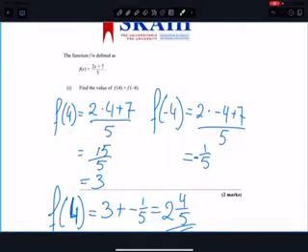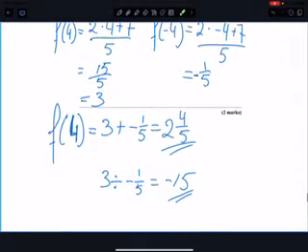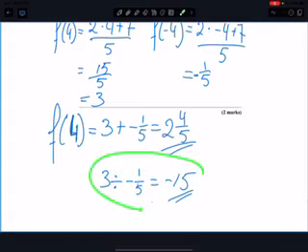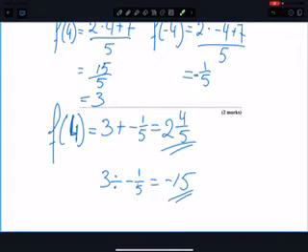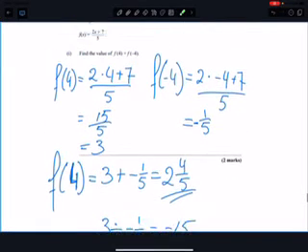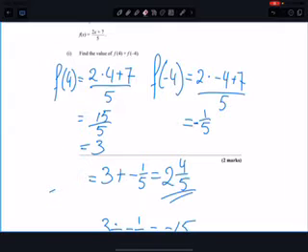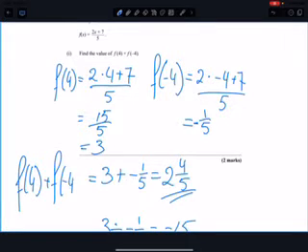If you divide it, 3 by the other answer, your answer should have been negative 15. If you did that, also correct. Oh, sorry. This is f(4) plus f(-4).